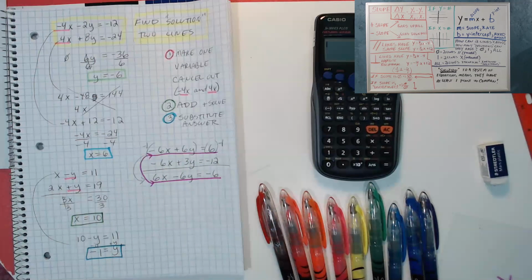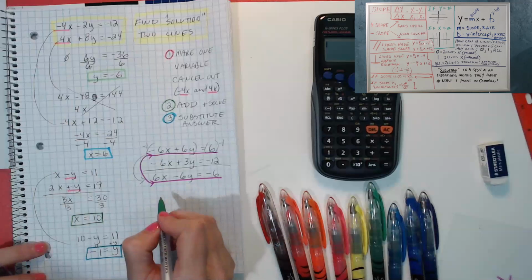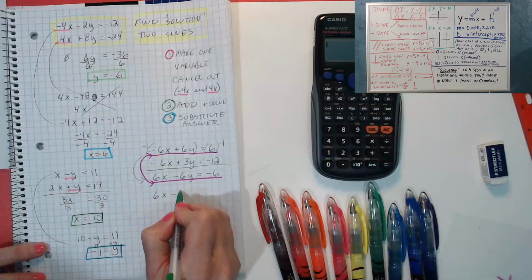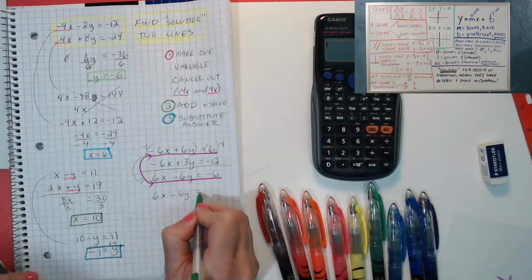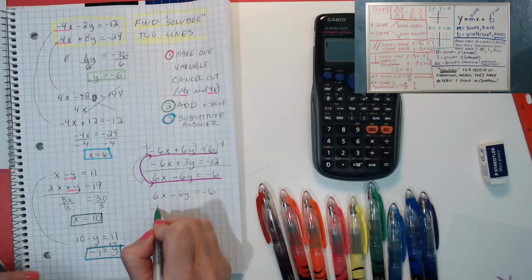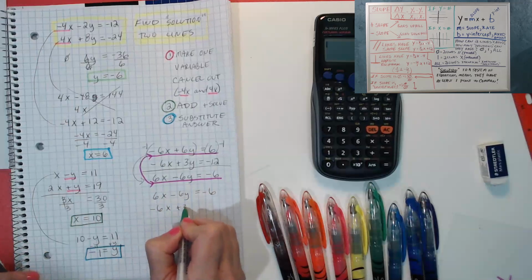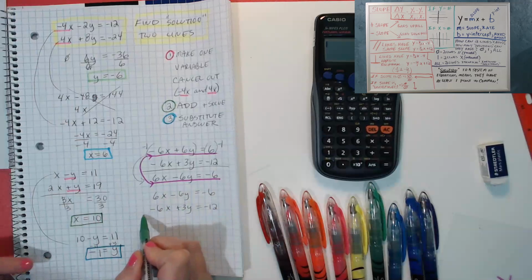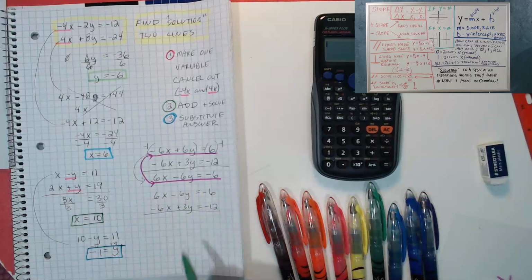That way when I add them, right? So let me make this a little bit more clear. So I have that new one, which is 6x minus 6y equals -6. I'm just going to rewrite this one. -6x plus 3y equals -12. And then see that now when I add those, these will cancel out.